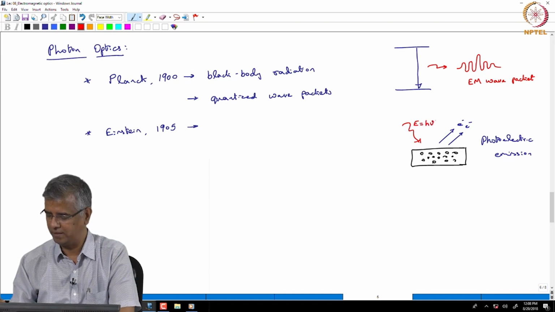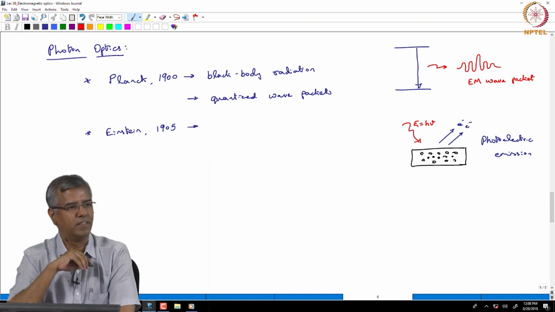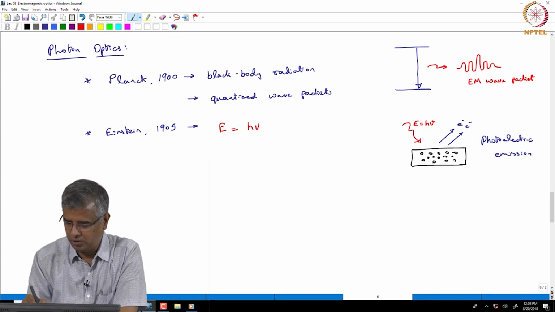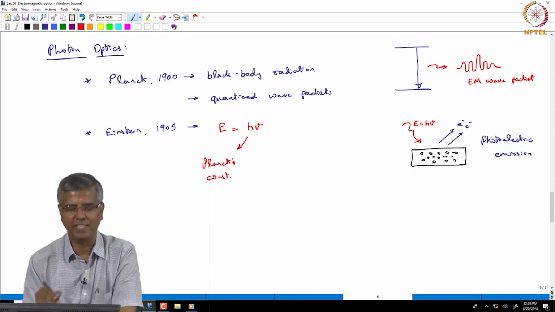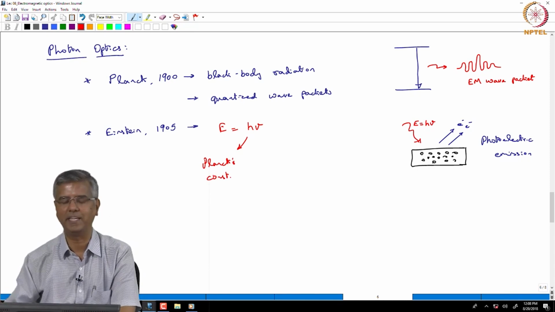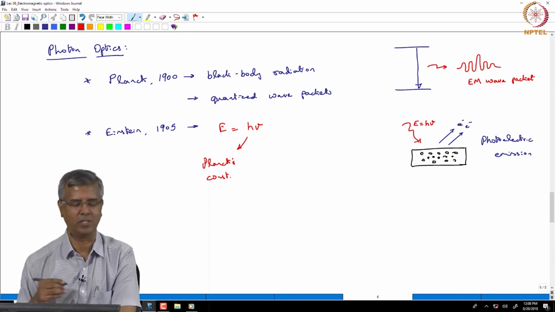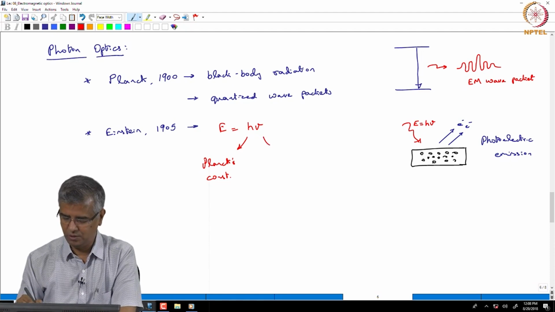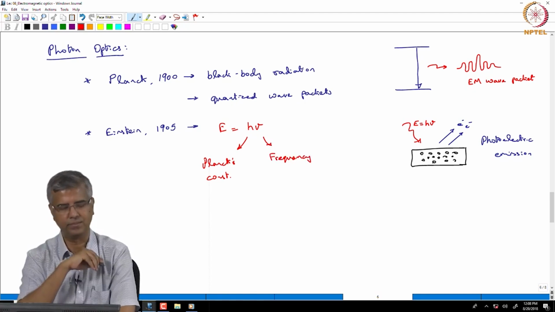So, he said light must have quantized energy wave packets with E equal to h nu, where h, quite rightly, he called the Planck's constant, because without Planck coming up with that previous observation, he could not have possibly come up with this, and nu corresponds to the frequency of light.